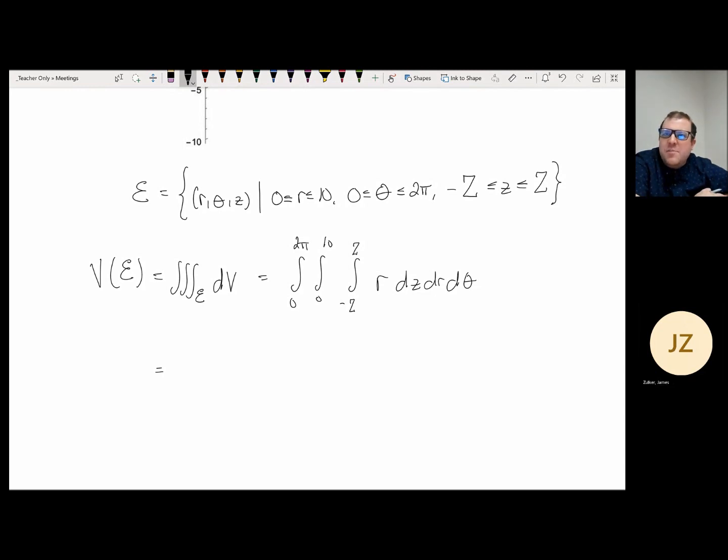With respect to Z, isn't that going to be 2 times zeta? Which I can factor out the 2. Right, 4 pi on the outside. Left with the integral from 0 to 10 of zeta dr. At this point, I'm now going to rewrite or replace zeta with what it should be.